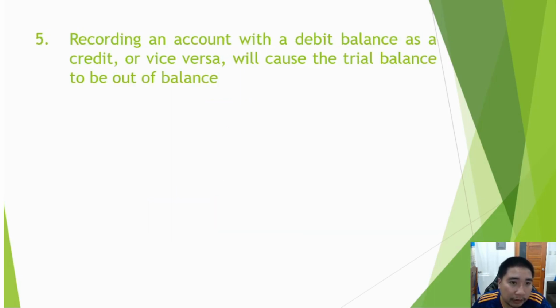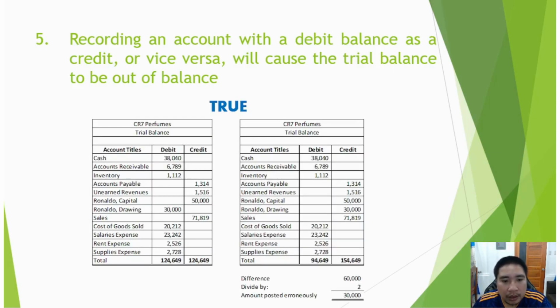Number 5, recording an account with a debit balance as a credit or vice versa will cause the trial balance to be out of balance. The answer is true. It is true because the account must be recorded in the correct column, whether debit or credit, in order for your trial balance to remain balanced.